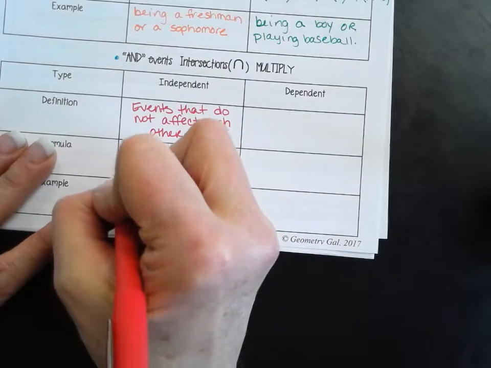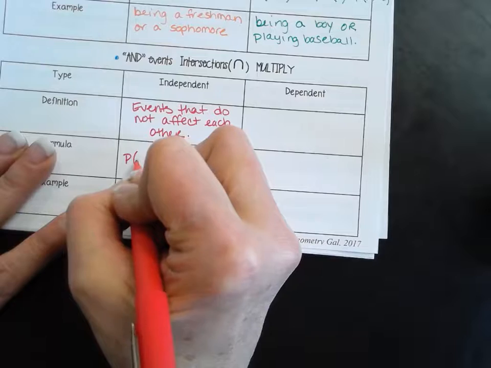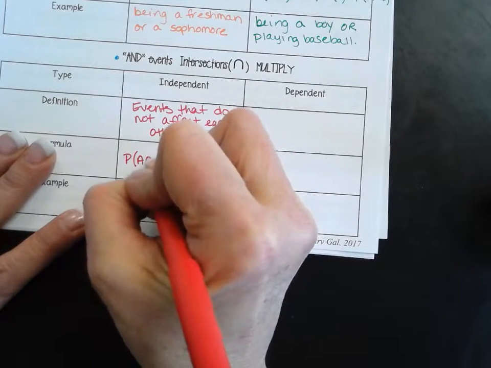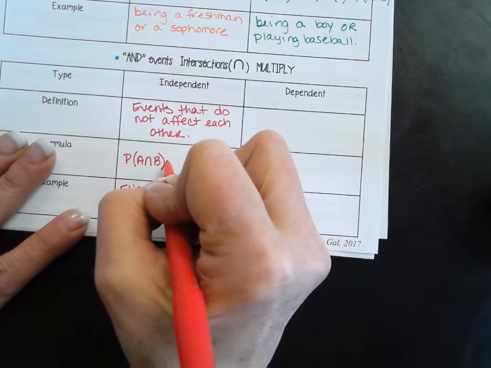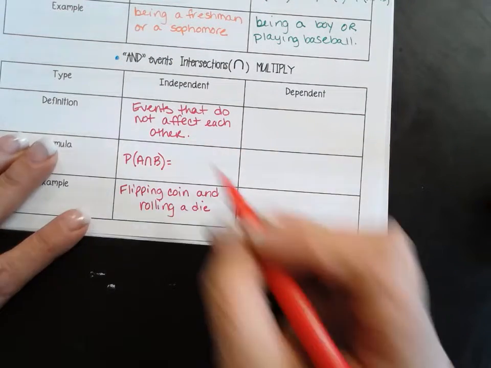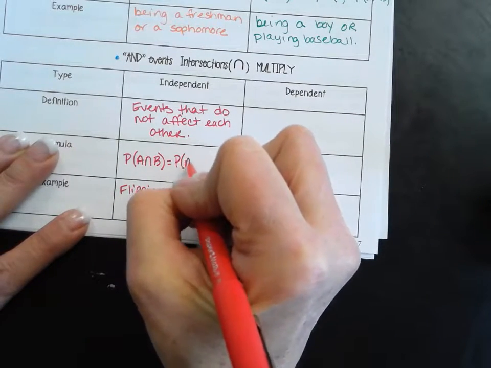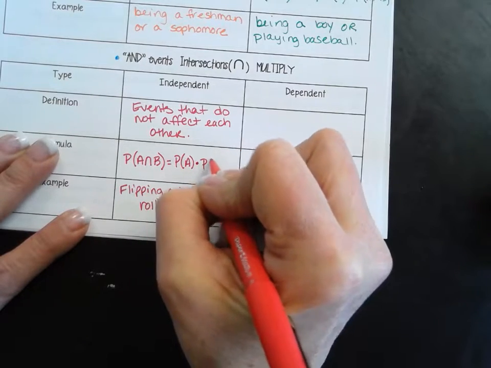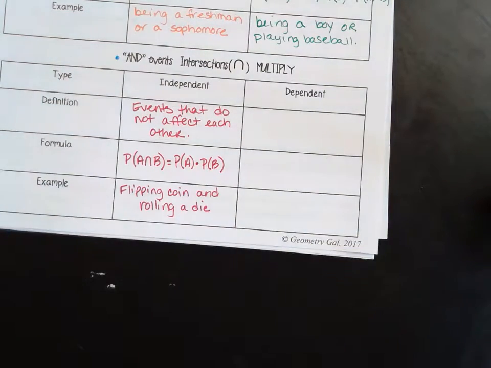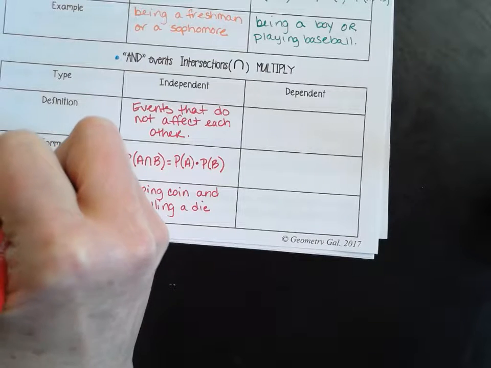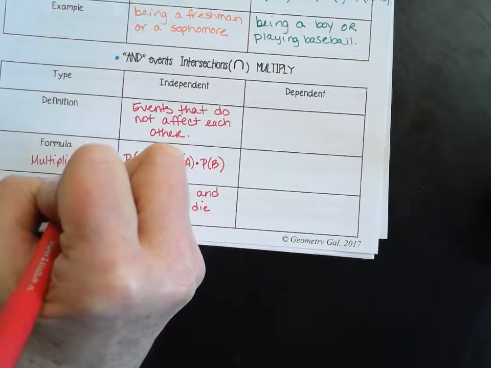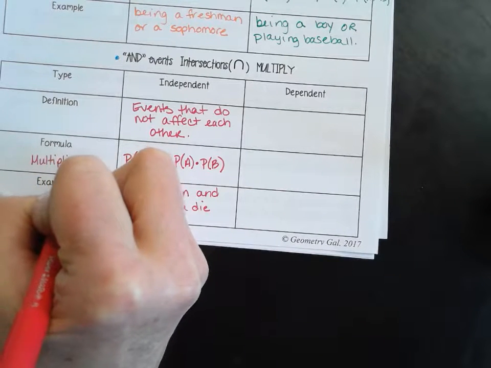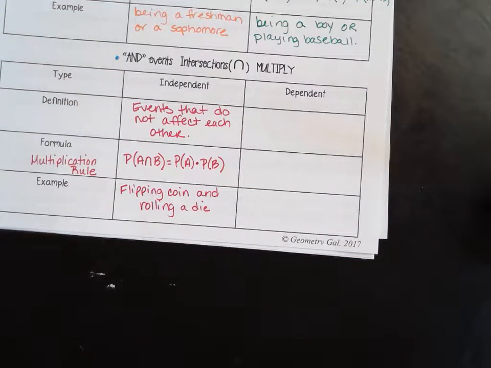And so the probability of flipping my coin and rolling the die, I multiply. I find the probability of each of them, and then I multiply. Okay? Good so far?